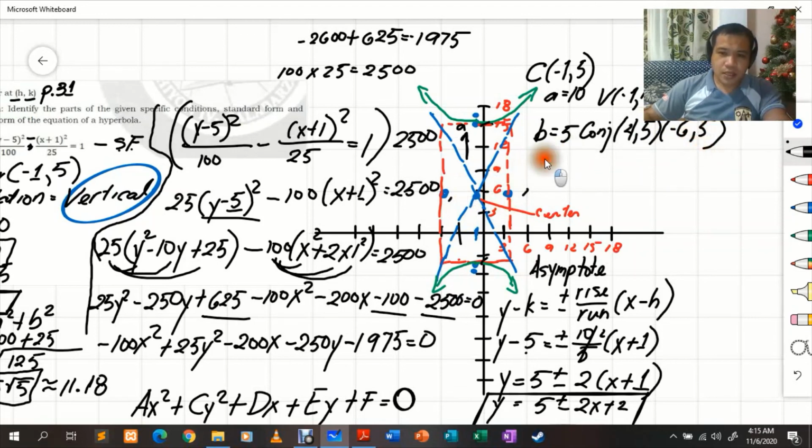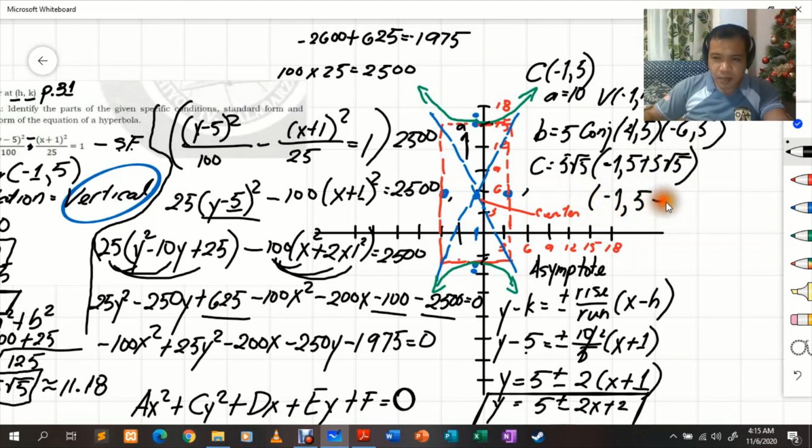Yan. Next, since C is 5 square root of 5, nandito siya. So, negative 1, then from 5 plus 5 square root of 5. The other one is negative 1 from 5 and minus 5 square root of 5.